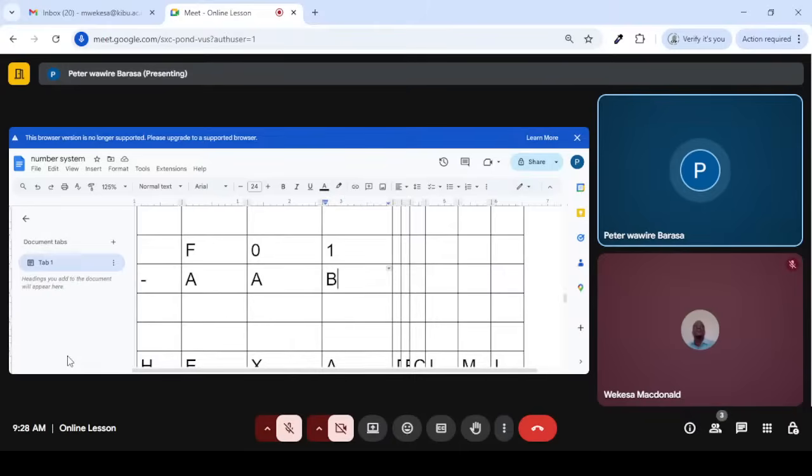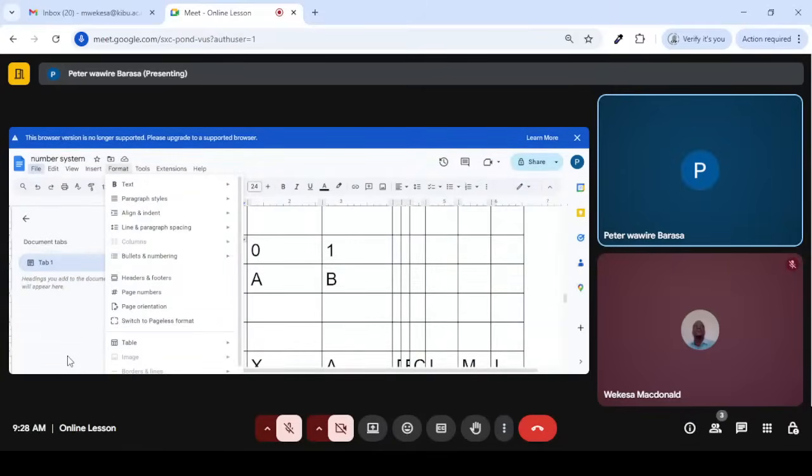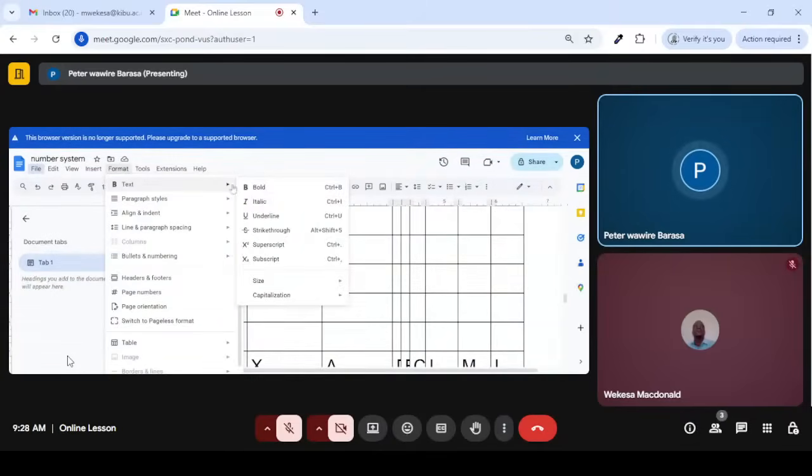And the borrowing starts from here. So when we borrow 1 here, if it was F, now it becomes E because that is F minus 1. That's 15 minus 1, it becomes 14.